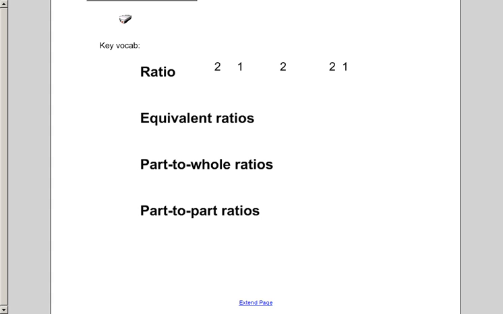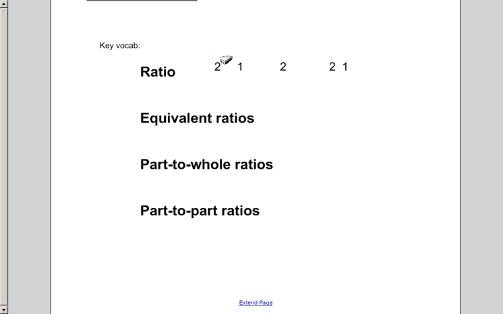First of all, a ratio. We've just been talking about rates, and we know that rates are a comparison of two quantities, such as miles per gallon. The difference is that ratios compare two quantities of the same units.